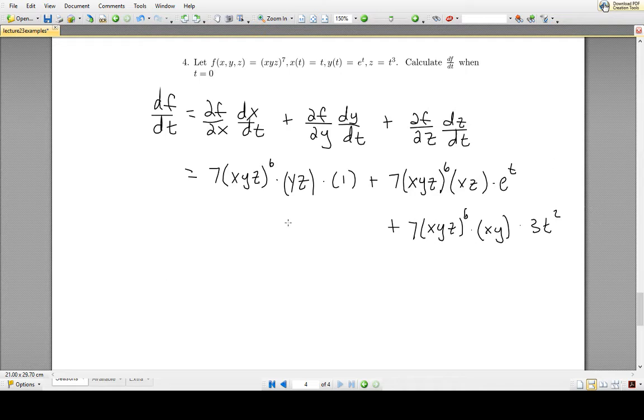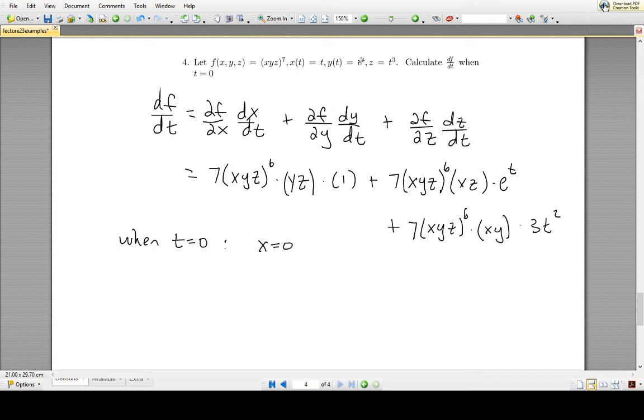Okay, so this is essentially the rate of change of f with respect to t. However, they would like it specifically when t equals 0. So, of course, we could just plug in t equals 0 into all of this, but we'd still have some x's and y's and z's hanging around. So what we need to know is what are x, y, and z when t equals 0. So when t equals 0, x is 0.